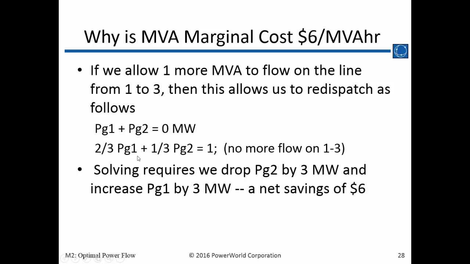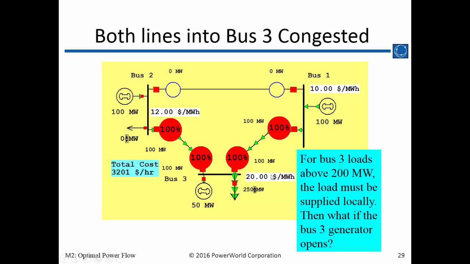And the sensitivity equation can be set equal to 1 because we're allowing 1 more megawatt to flow there. And then we can solve that equation such that the more expensive generator can drop by 3 megawatts and the other one can increase, which saves $6.